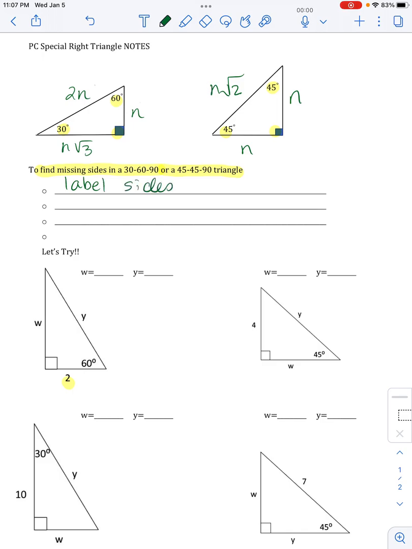And by that I mean, if it's a 30, 60, 90, label them n, 2n, and n root 3. Or if it's a 45, 45, do n, n, n root 2. Putting them in the right spot, obviously. All right, after you do that, one of the sides is going to have a number given. And so you're going to use whatever that given side is to solve for n.